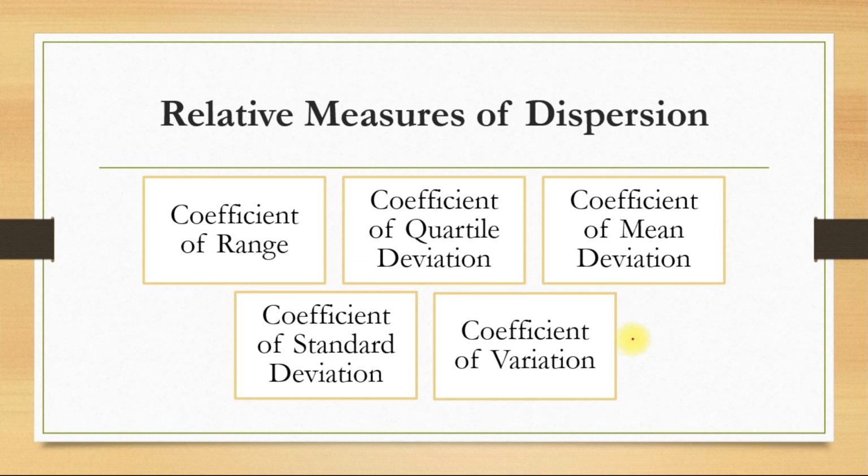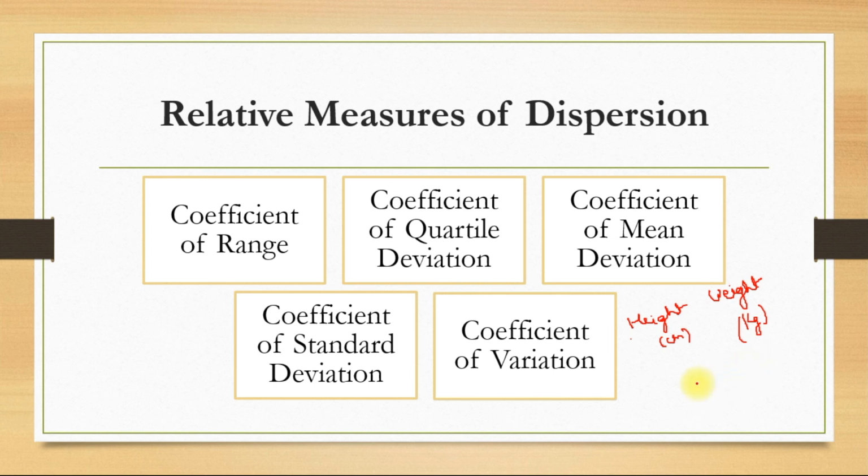So we have two variables, height, say in centimeters, and weight in kgs. And we want to compare variation in height and weight. So in this case, we should use a relative measure, not an absolute measure.